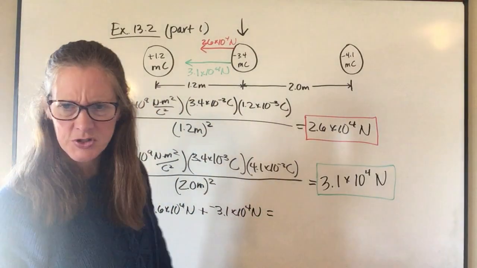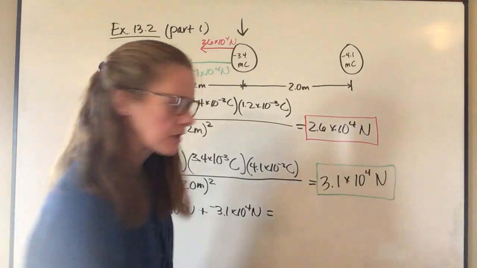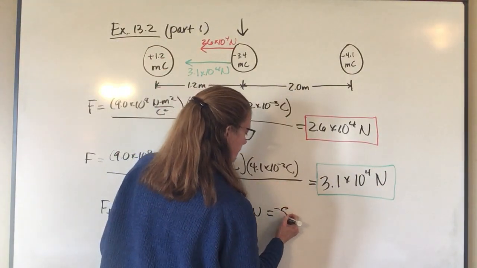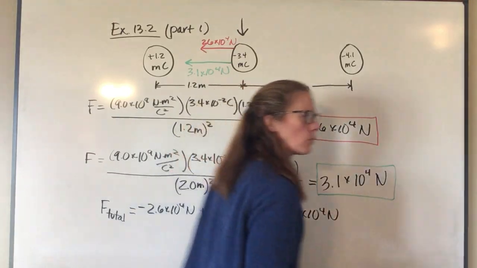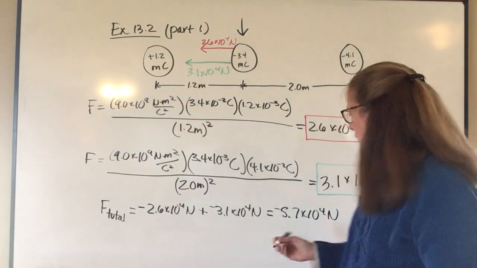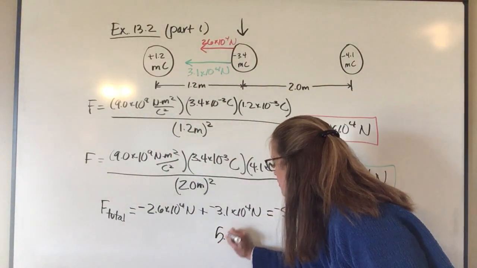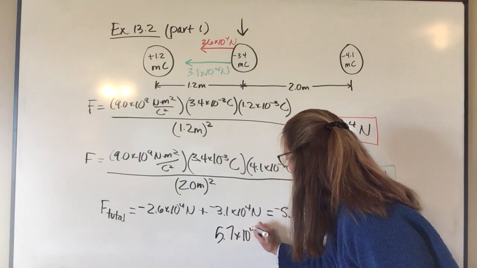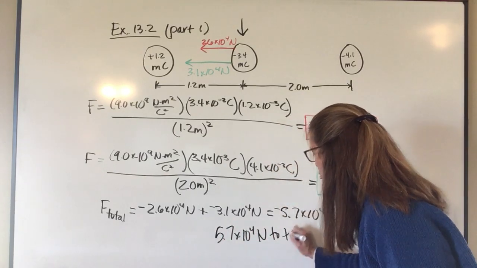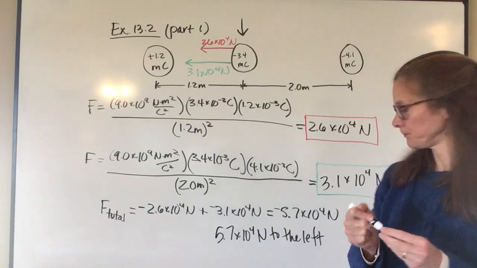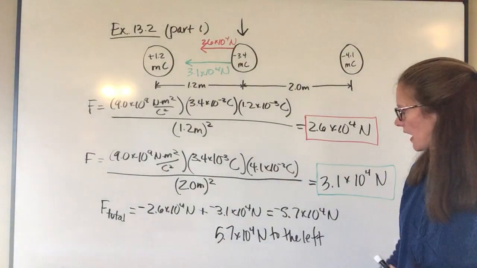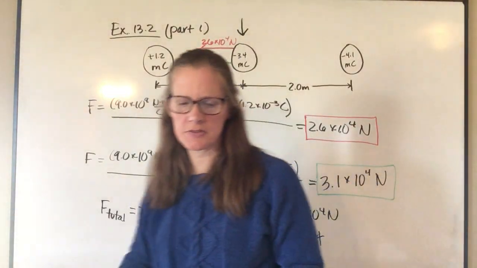And when I add those together, that's going to give me a negative 5.7 times 10 to the 4th newtons. Now, what's the negative sign mean? Well, what it means is that it's 5.7 times 10 to the 4th newtons to the left. Okay? So that is going to the left, and that's what the negative sign means.